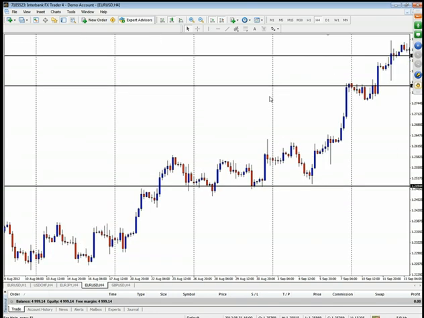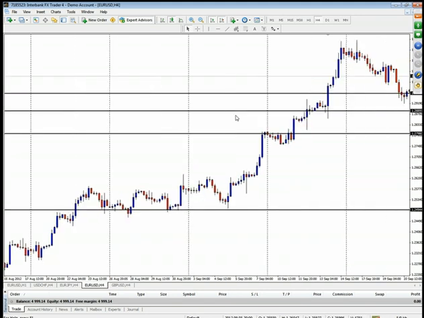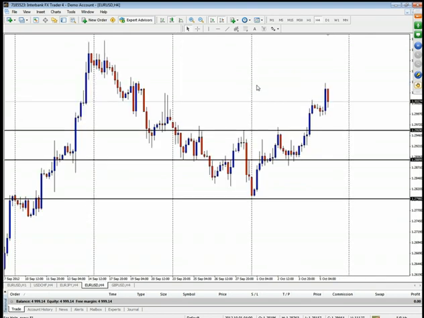If they're coming down to that price level, they'll buy off of it. So professional support and resistance traders buy off of support and sell off of resistance.